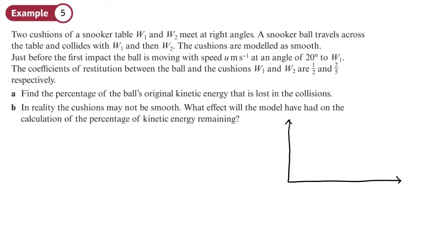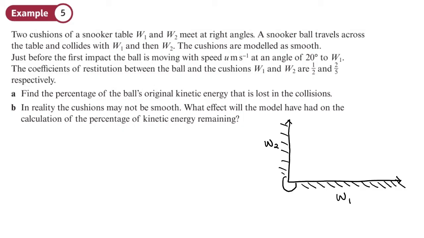So these are two corners of the snooker table. Let's put the little pocket there in the corner where the ball's going to go. And a snooker ball travels across the table and collides with W1 then W2. So let's call this one W1 and this one W2.